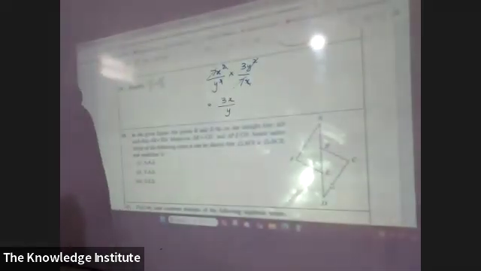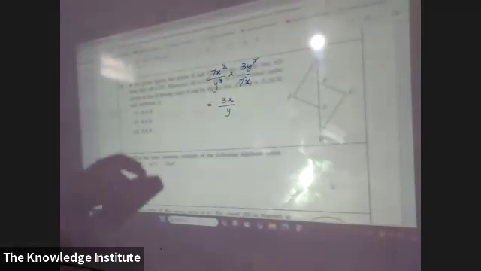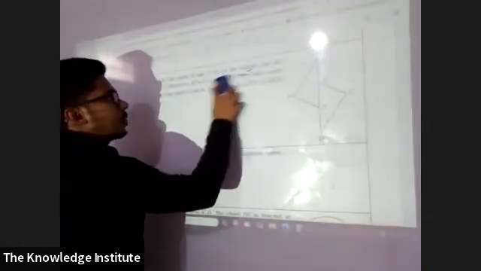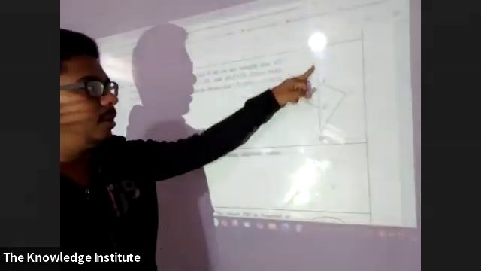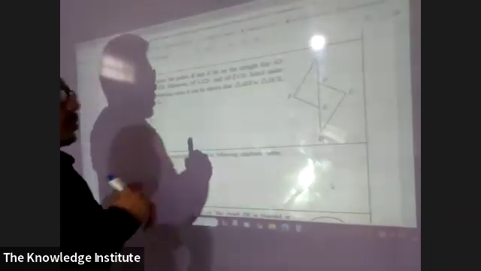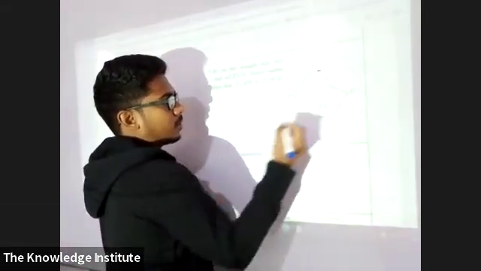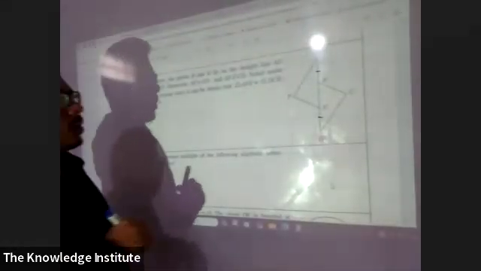Number 3. In the given figure, the points E and B lie on the straight line AD such that AB equals ED, and AF is parallel to CD.